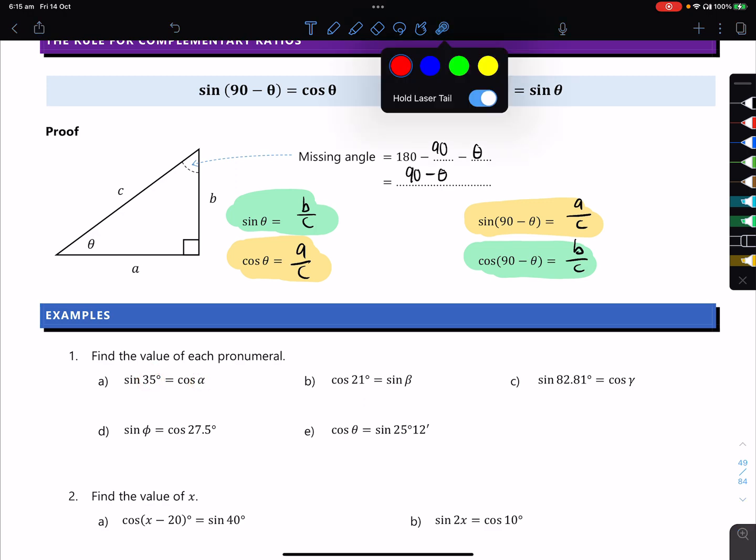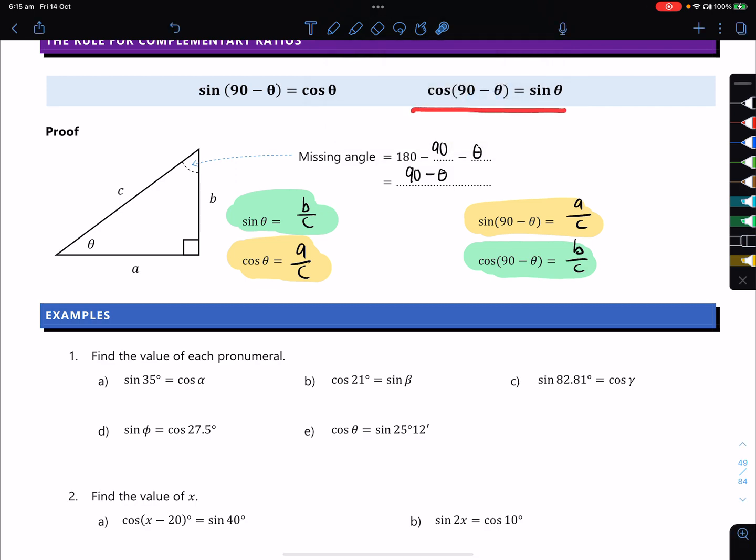We're just going to follow this rule here. So you've got an angle there, which means that the other angle, which is the complementary ratio, should be 90 minus that angle. So alpha will just be 90 minus 35, which is 55 degrees.